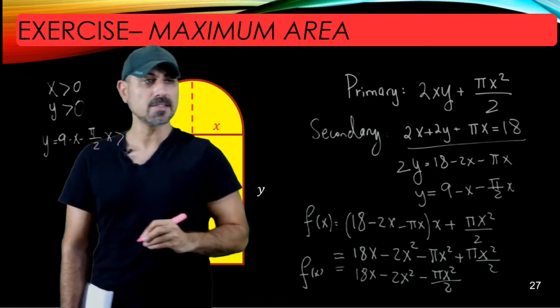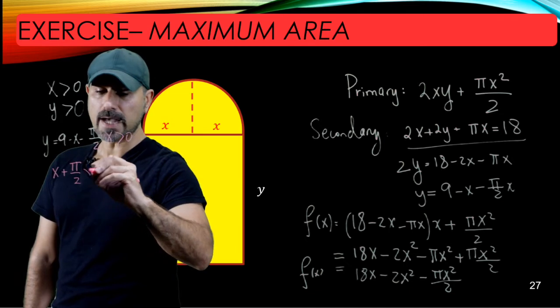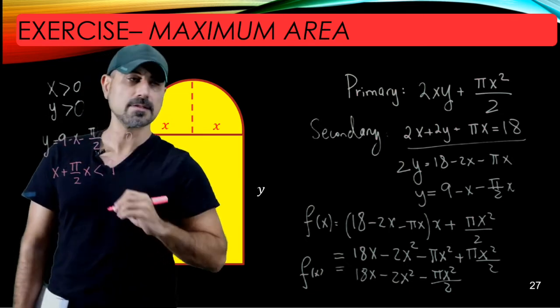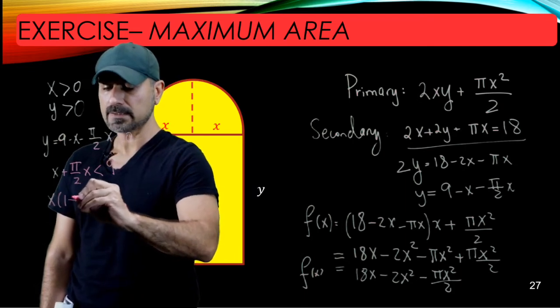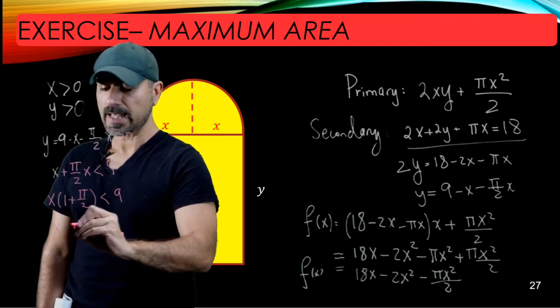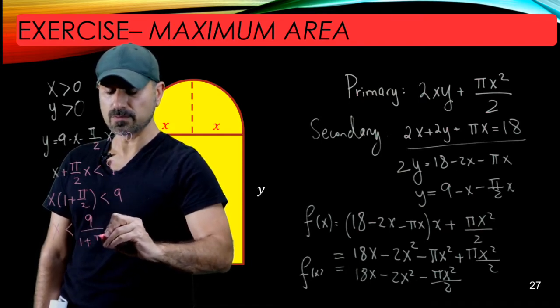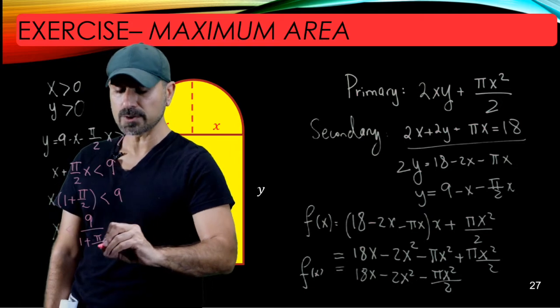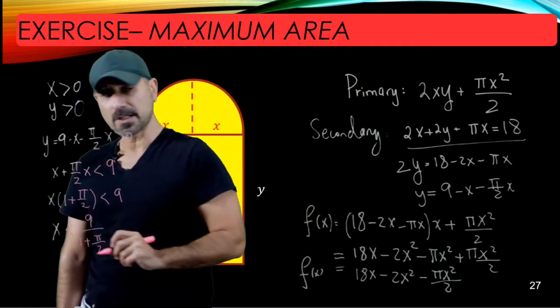What that means is x plus pi over 2x should be less than 9. And if you pull out x, it should be smaller than 9 over 1 plus pi over 2. All right? So x is going to be smaller than this number.